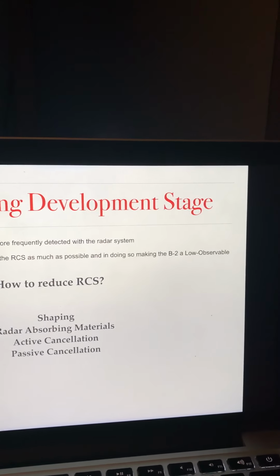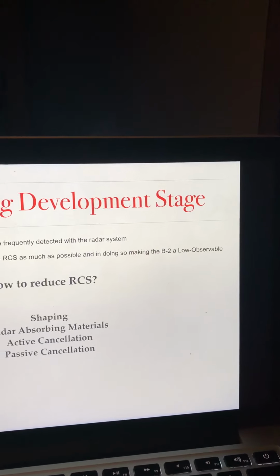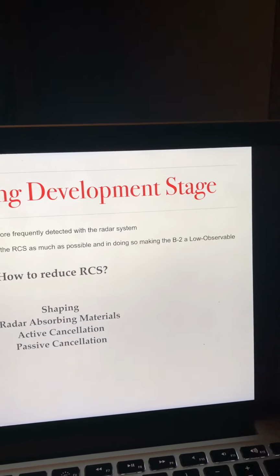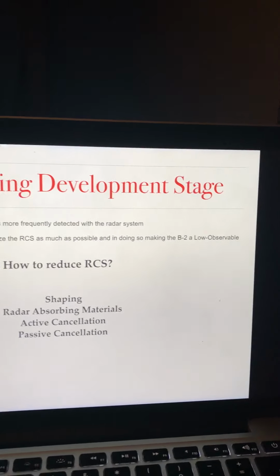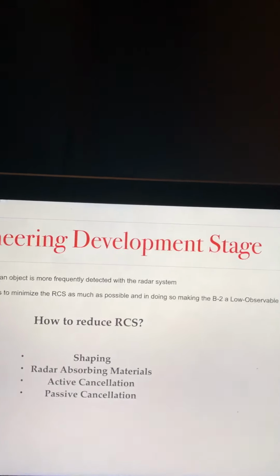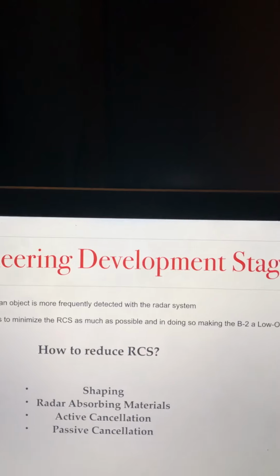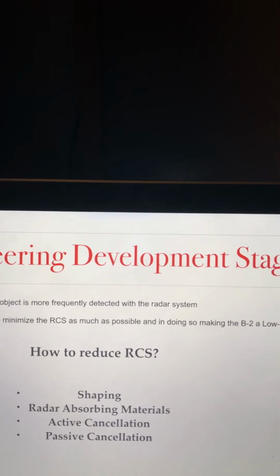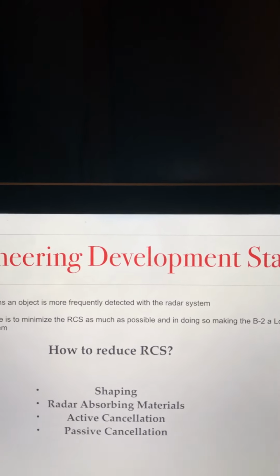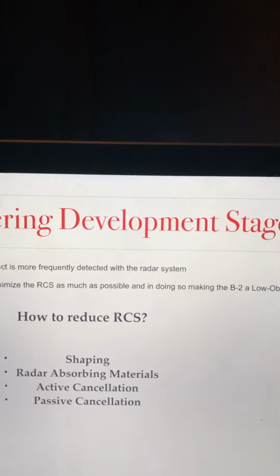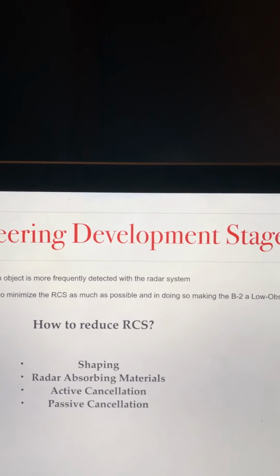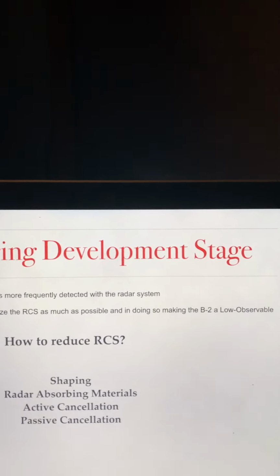So a larger RCS means an object is more frequently detected by the enemy's radar system, which is the one thing that we don't want. They want to minimize it as much as possible. So the larger objective is to minimize RCS as much as possible, and in doing so, make the B-2 a low observable or stealth system. So how to reduce the RCS?